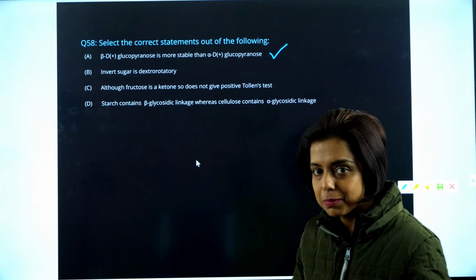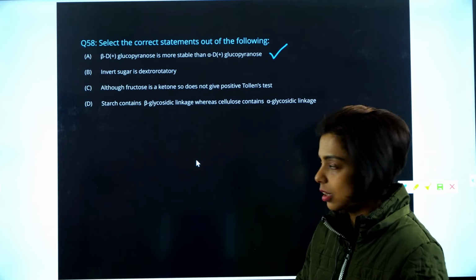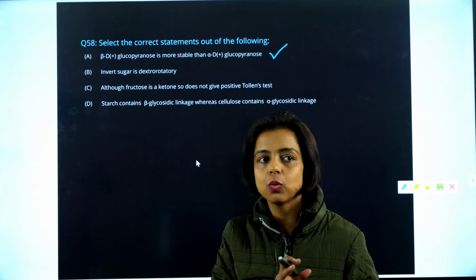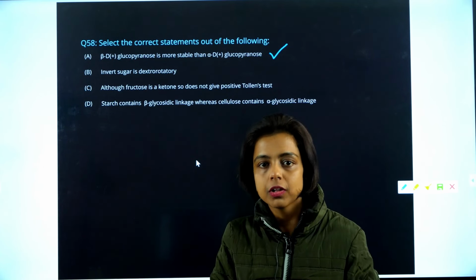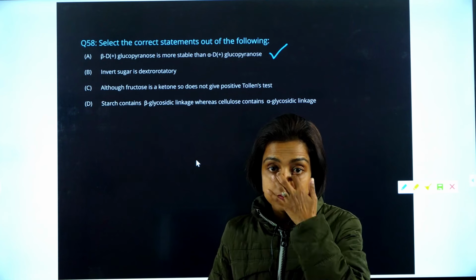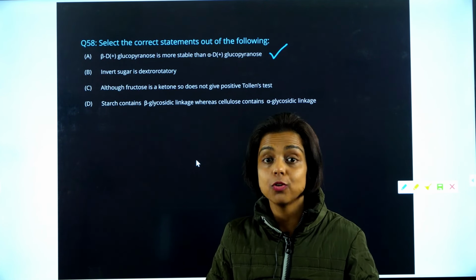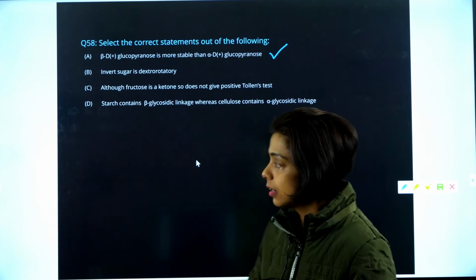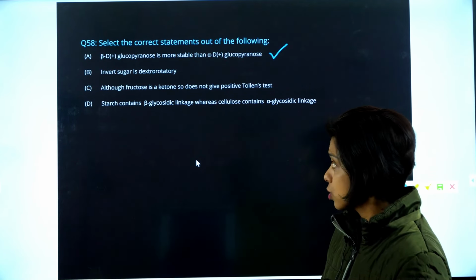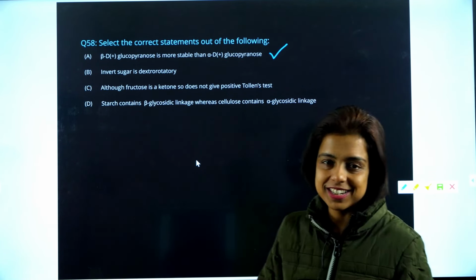We can save our time and mark it. Let's check the other. Inverse sugar is dextrose. So inverse sugar is basically a mixture of fructose and glucose, and the overall net result is the behavior of fructose. Fructose is a ketone, and it doesn't give a positive Tollens test, as you all know.